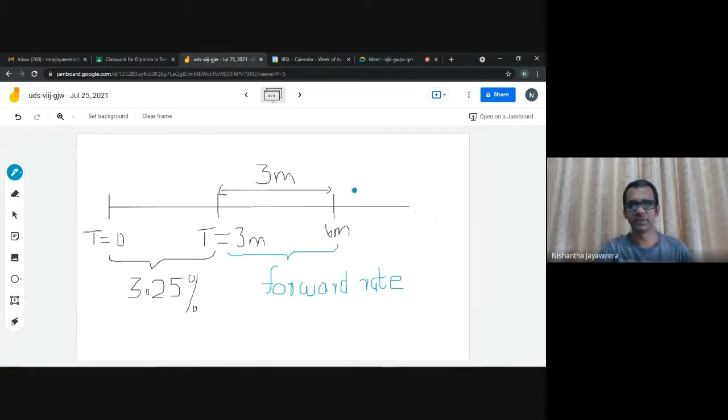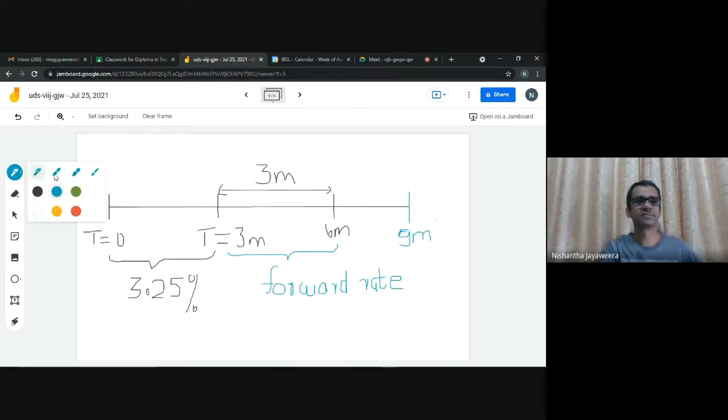So a 3 months period starting from 3 months. If I put 9 months here, what does it mean? From this date to this date, there are 6 months.